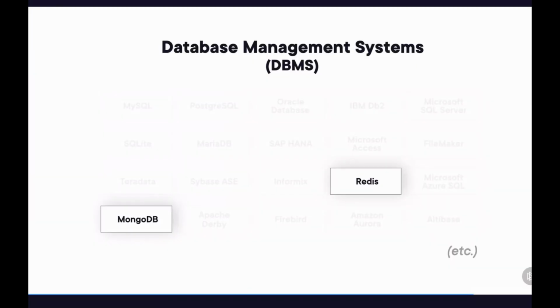And you may even see products like these described as NoSQL database systems, because one of the things that's most notable about them is they don't use SQL. But this is an SQL course, so we're going to set those ones aside. We're going to focus on the majority of database products that do use SQL and use these relational database ideas and what that means.